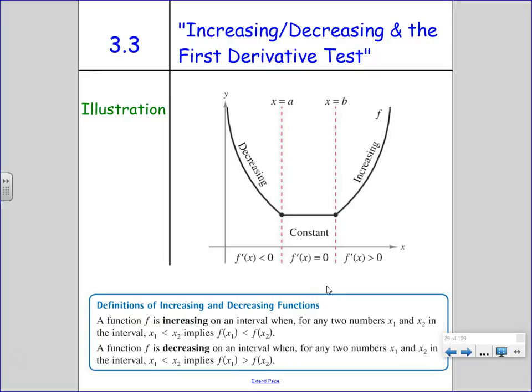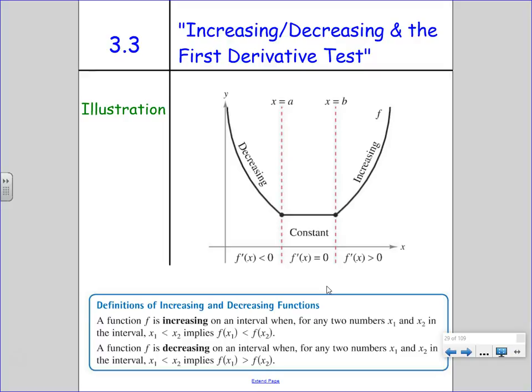The function is decreasing with either negative slopes getting more negative, or negative slopes tending towards 0. And for a constant portion, the derivative is 0. But remember, to have a constant interval, the graph has to have an actual interval, a beginning and an end, over multiple points, not just one.